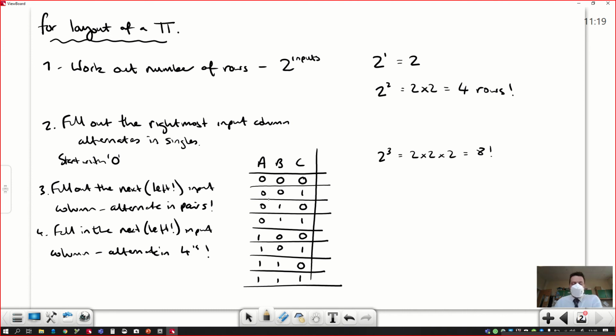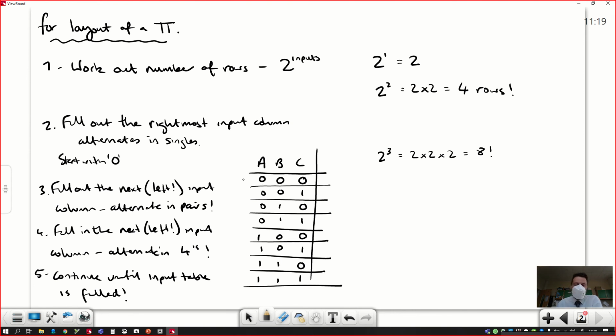That's it. So then continue until the input table is filled. So you start from 0, you alternate every line, you alternate every second line, you alternate every 4.